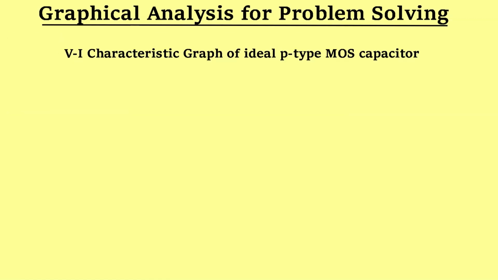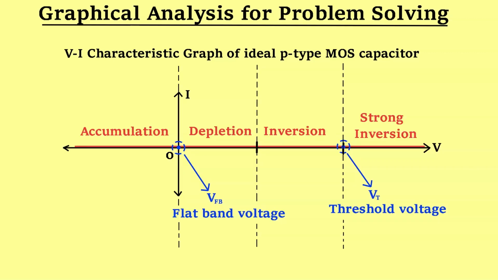Whenever we study a device, we usually draw a current voltage characteristic graph so that we can understand more about its behavior. But in case of MOS capacitor, generally there is no graph at all. This is because MOS capacitor is nothing but a capacitor. And since it is a capacitor, there will be no current at all. So the graph will be a single straight line on the x-axis.